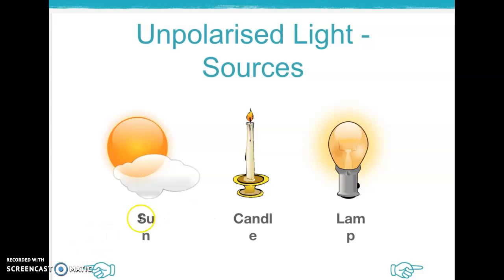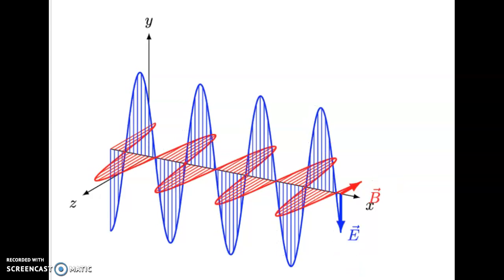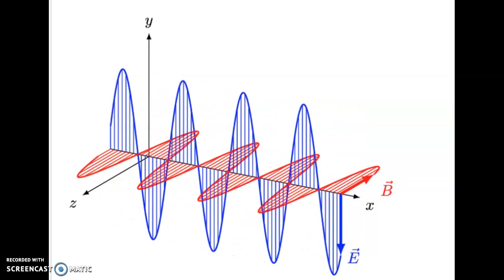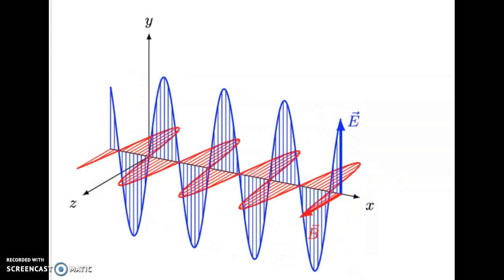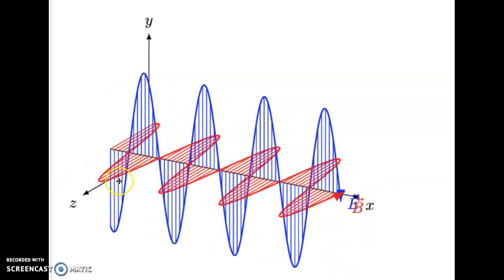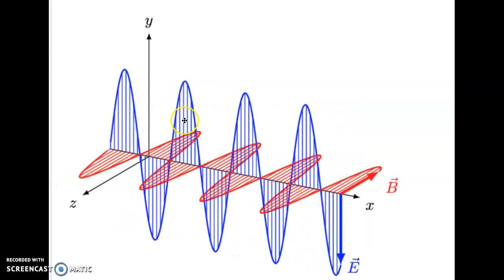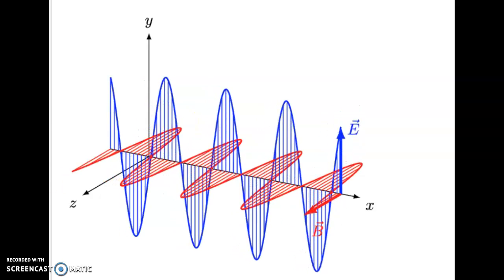So when we get light from the sun, I don't know what those letters have gone down there, but I'll fix that in a minute. The sun, a candle, a lamp, all of these radiation sources of light, they are giving off unpolarized light. That means that the visible light that's coming off them looks like this. It has horizontal and vertical components, right?